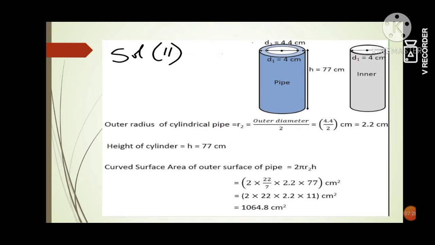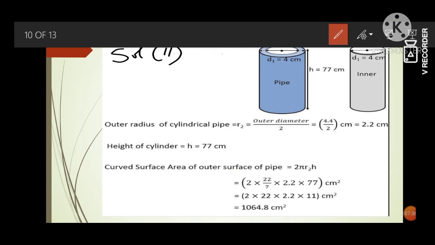Now let us see the subpart 2. In subpart 2 we have to find the outer curved surface area. So for the outer curved surface area we are going to consider the blue diagram. The outer diameter is given as 4.4. So the outer radius will be 4.4 divided by 2, which is equal to 2.2 centimeter.